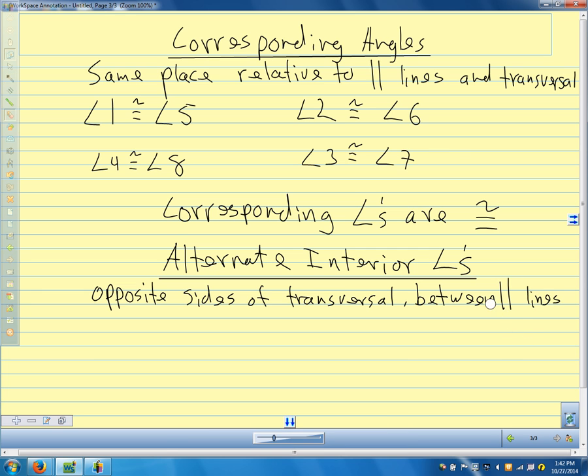And these two lines, again, next to each other mean parallel. So the alternate interior angles are the angles that are on opposite sides of the transversal and inside the parallel lines. So angle 2 and angle 8 and angle 3 and angle 5.